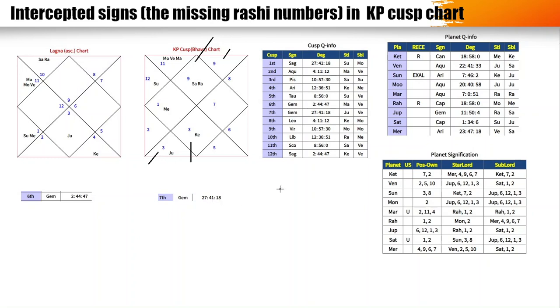And now if you look at the degree of Jupiter, this is Jupiter, it is clear to you that Jupiter should be here, between the start and end of the sixth cusp.